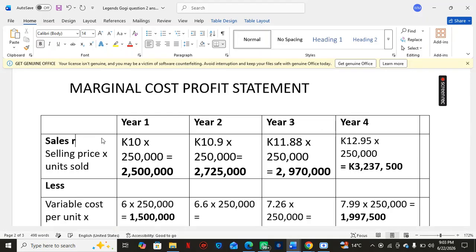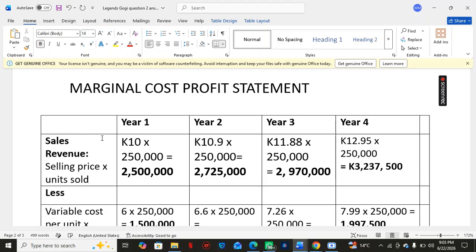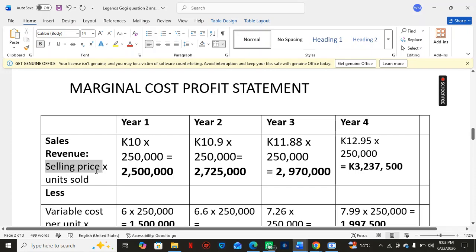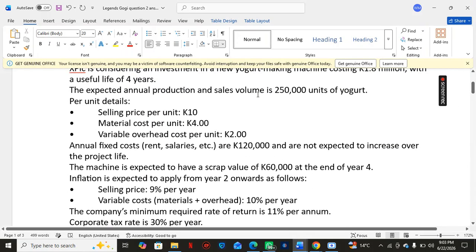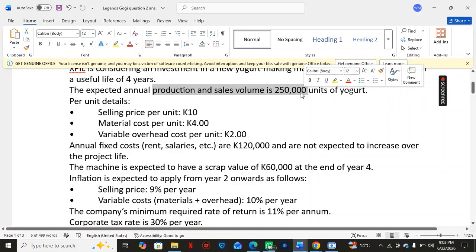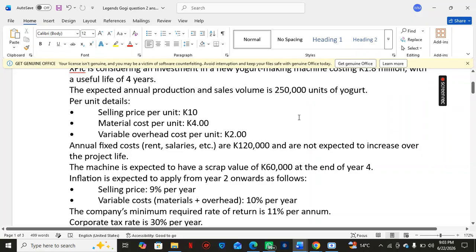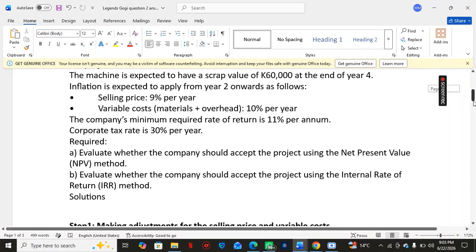So we begin with sales revenue. Sales revenue is the selling price multiplied by the units sold. In our question, they told us that production and sales volume is 250,000 units of yogurt, meaning every year this is how many units they'll produce and sell.